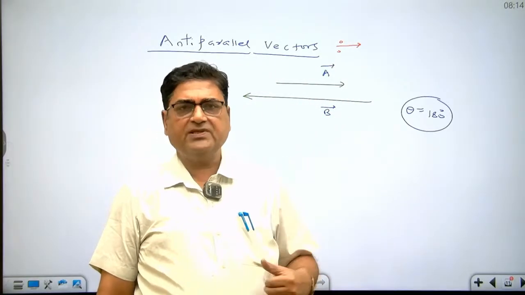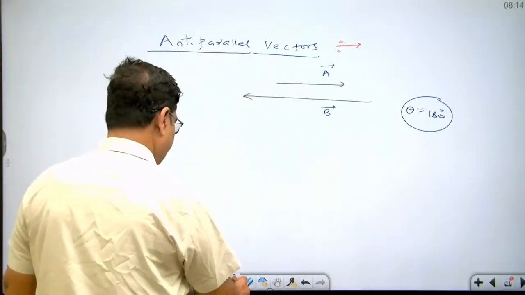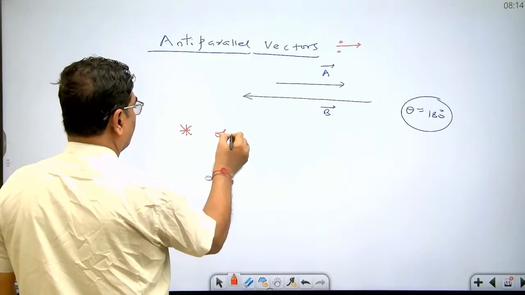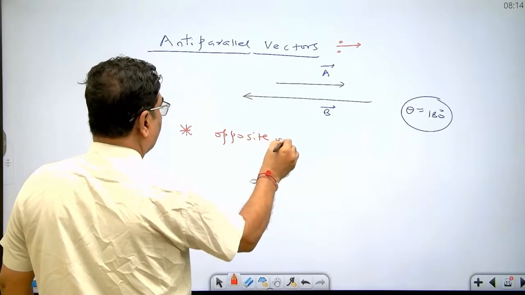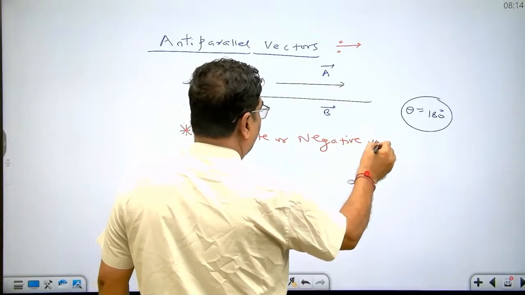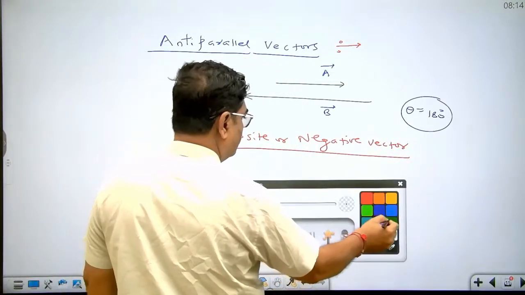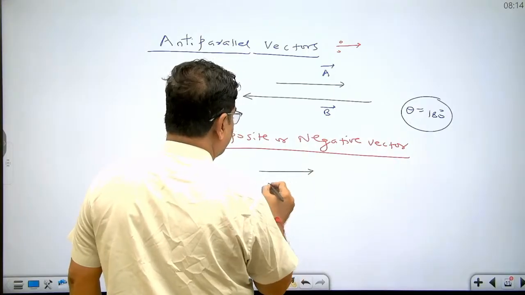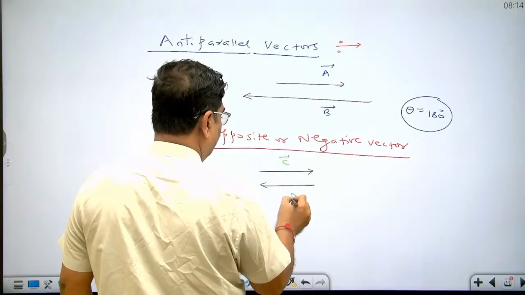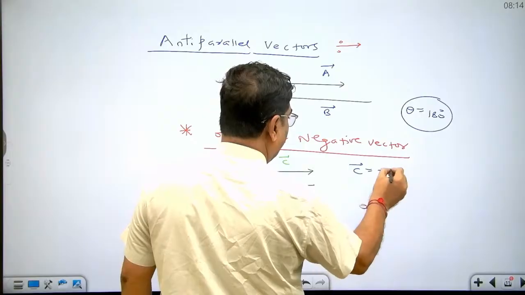Now we are looking at the special case of anti-parallel vector, that is opposite vector or negative vector. Dear student, two vectors are said to be opposite vectors when their direction is opposite to each other and magnitude is same.